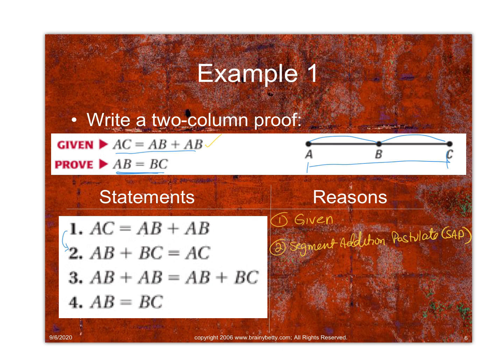AB has already been introduced into this problem, but BC had not been introduced yet. By bringing in the segment addition postulate, they were able to introduce BC into your statements. If we have to end up with AB and BC at the end, you want to bring BC into your statement side.